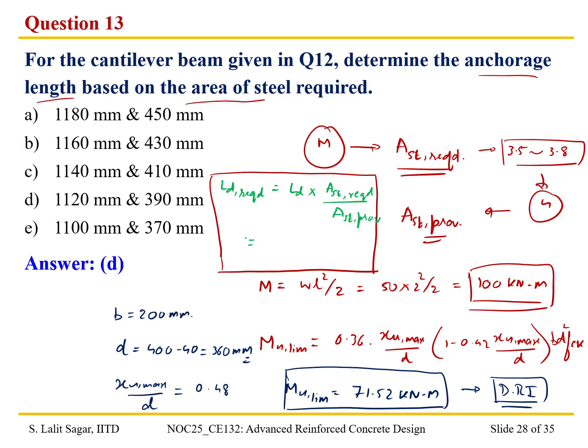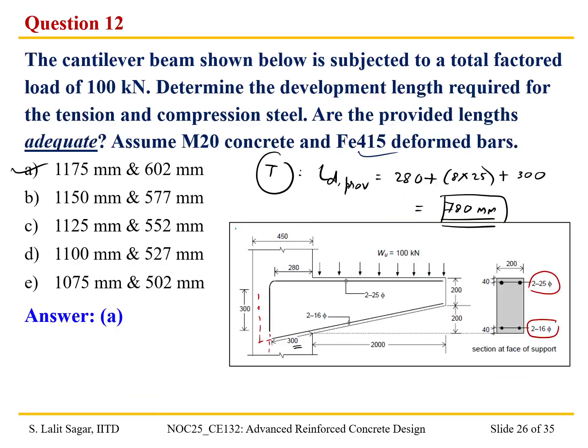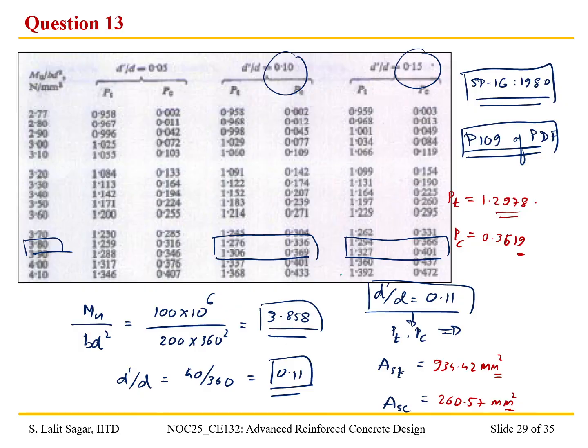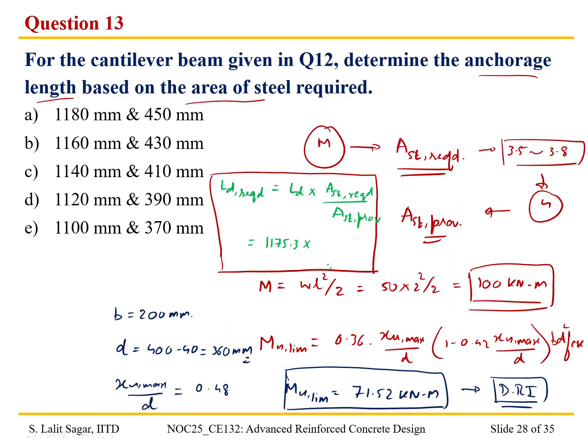So for tension, the value is 1175.3, into AST required, that is 934.42. And what is AST provided?